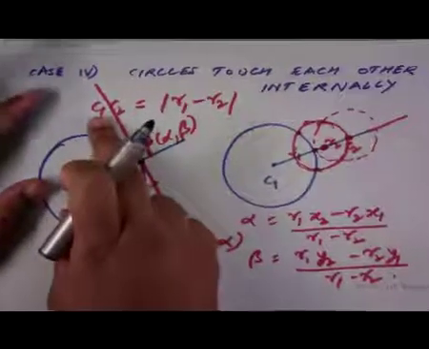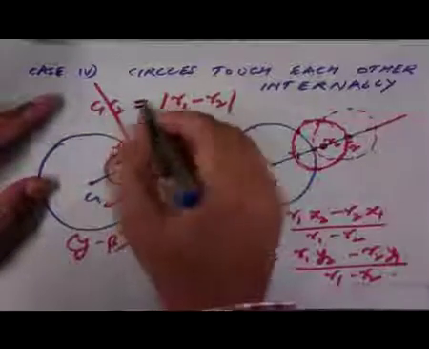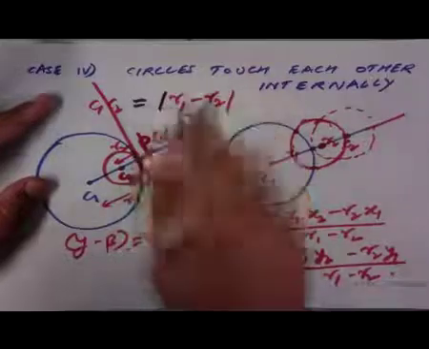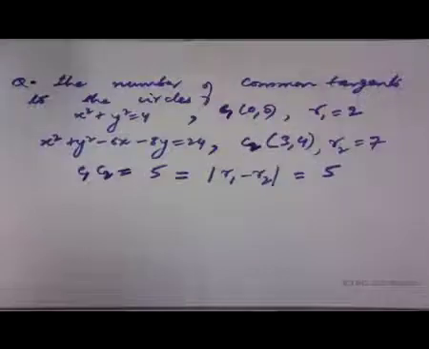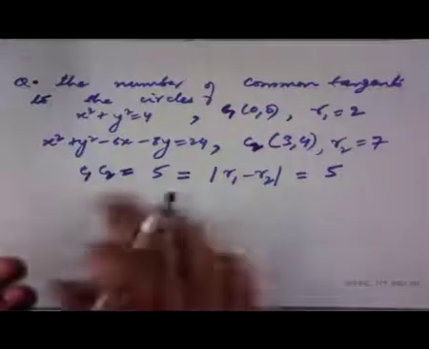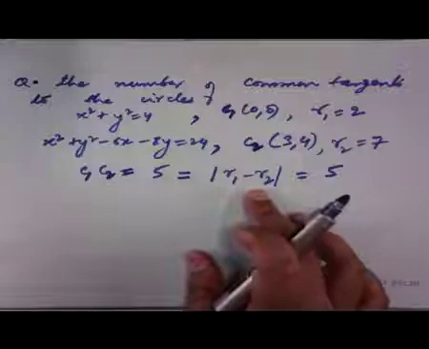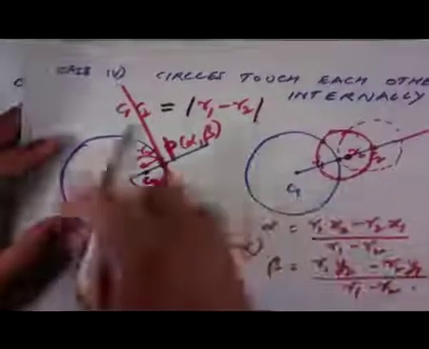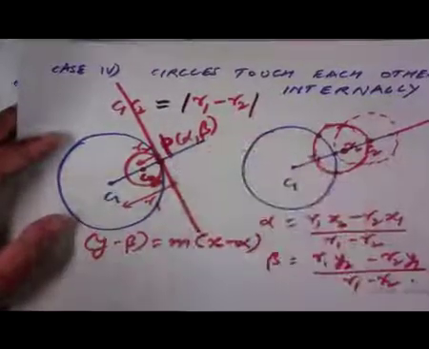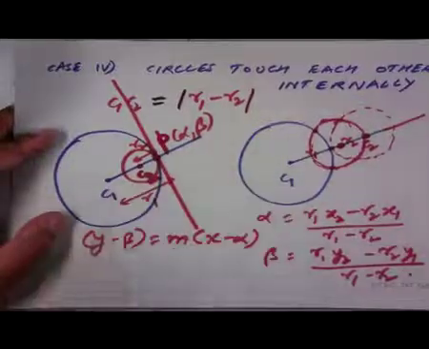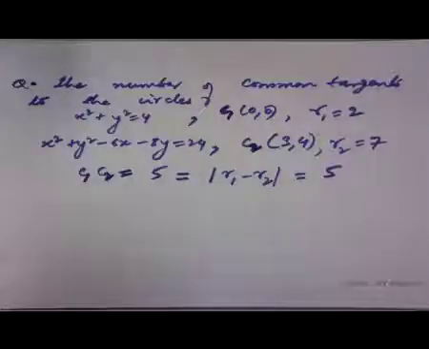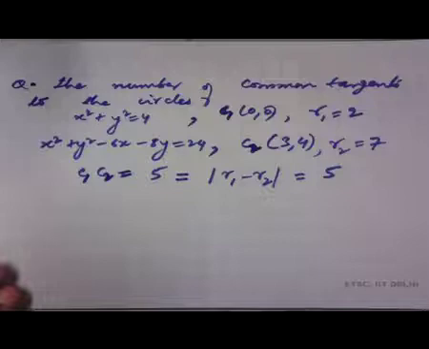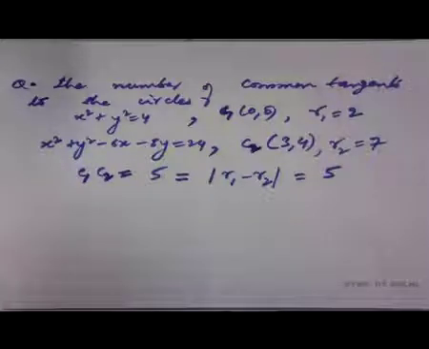When the distance between the centers is equal to the absolute difference between the radii, this basically means that the two circles are touching each other internally, and therefore, there is only one direct common tangent. There are no transverse common tangents.